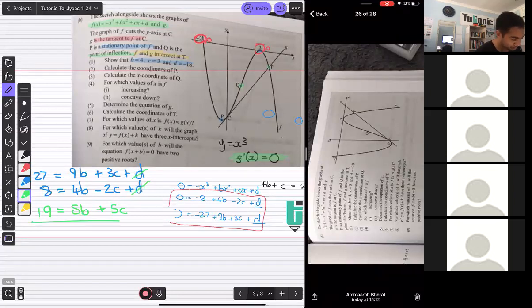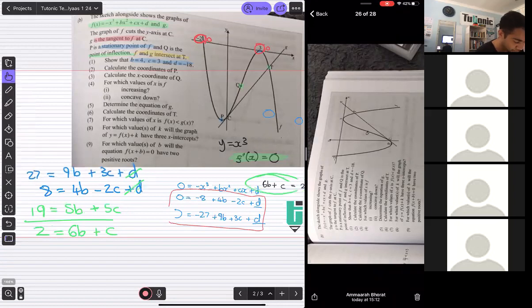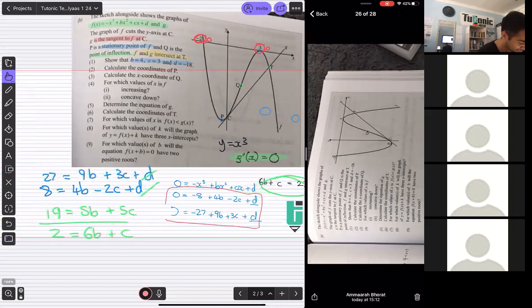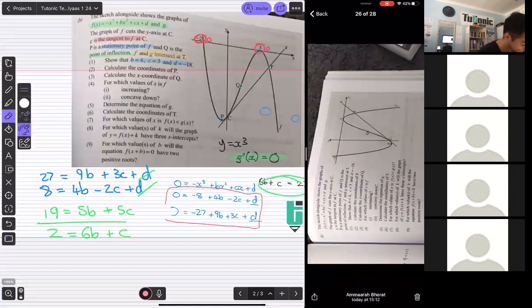And then you've also got that other equation, 6b plus c equals 27. Remember we got that equation from the derivative being naught? Sorry, off the screen there.